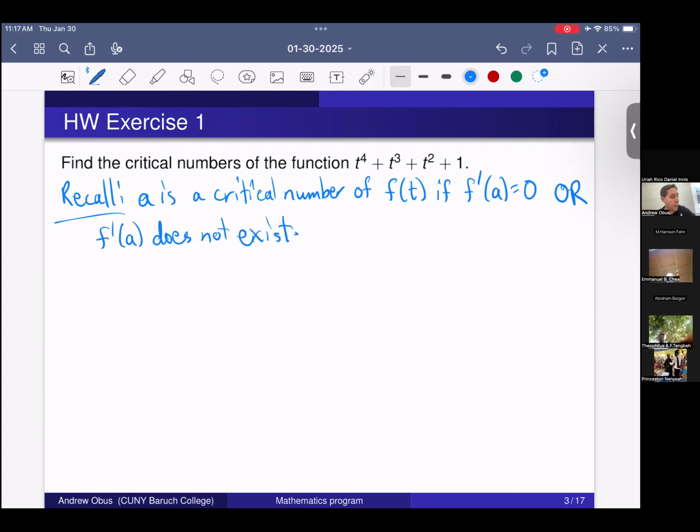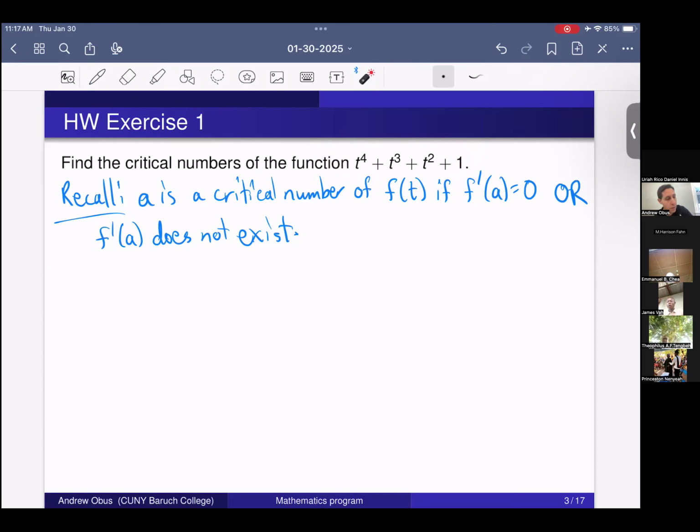Okay, so to find the critical numbers of this function, does somebody want to do it for us? Yes, James. Yeah, you have to find a quadratic equation. Well, if we're trying to find these critical numbers, what do we have to first calculate?